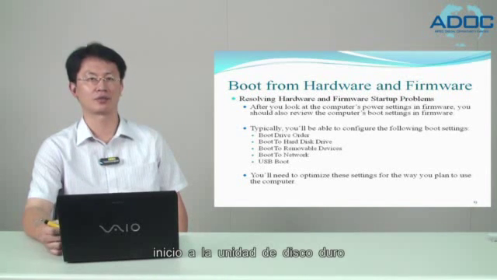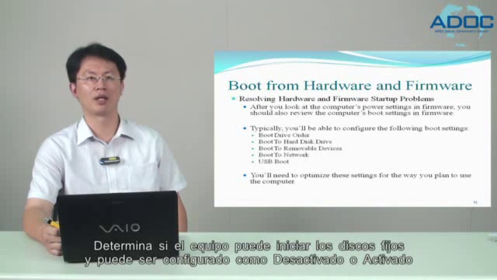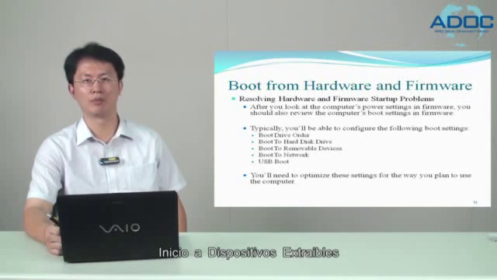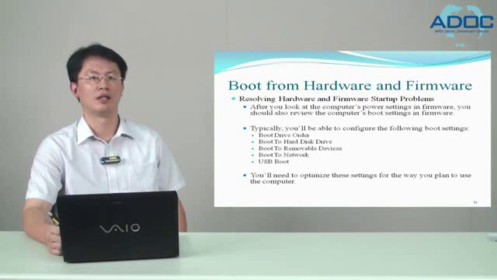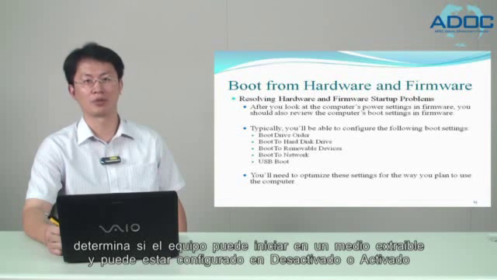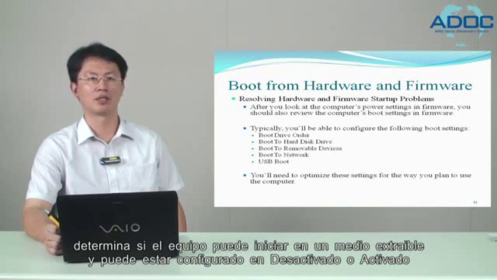Boot to hard disk drive. Determines whether the computer can boot to fixed disk and can be set to disable or enable. Boot to removable devices. Determines whether the computer can boot to removable media and can be set to disable or enable.